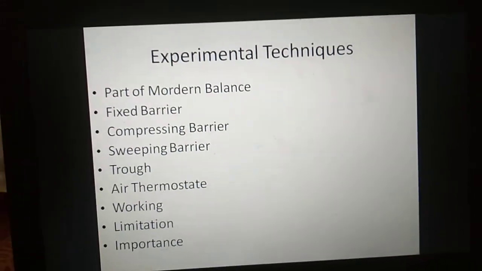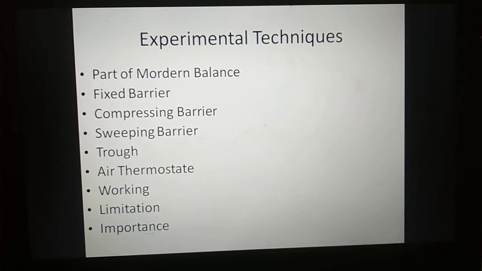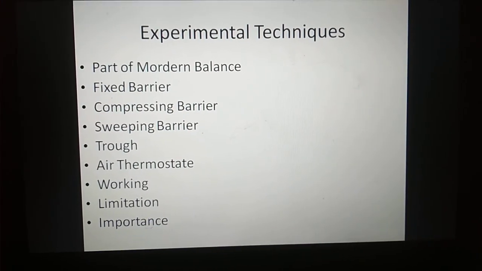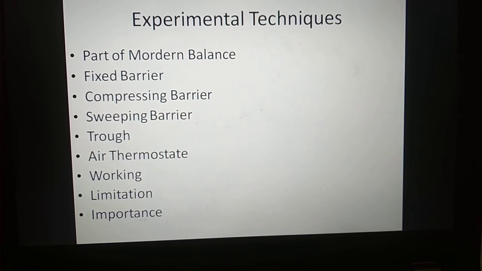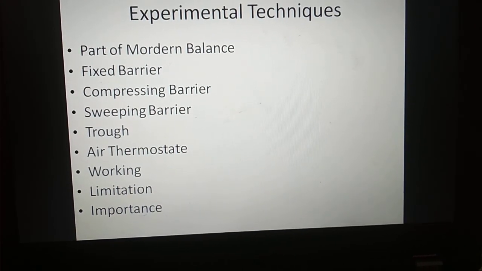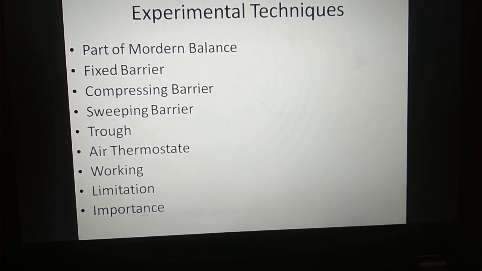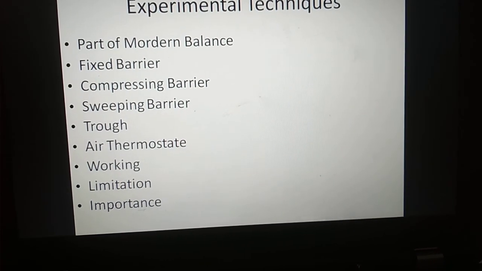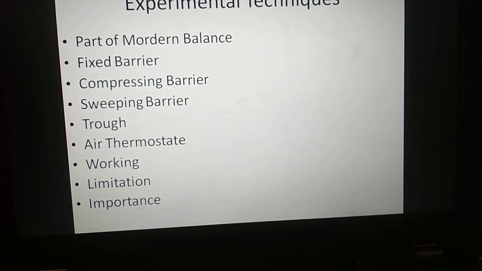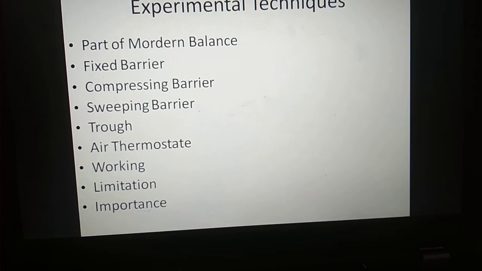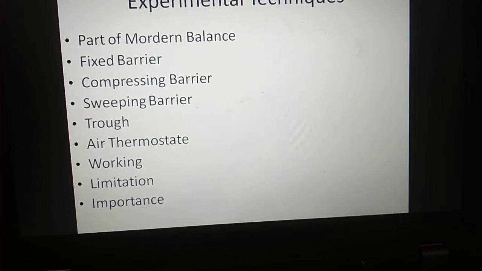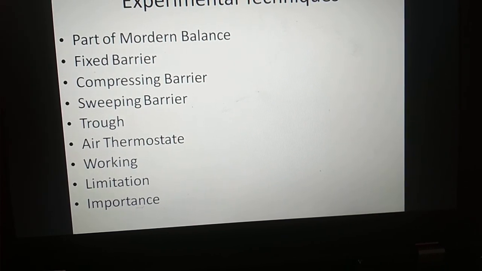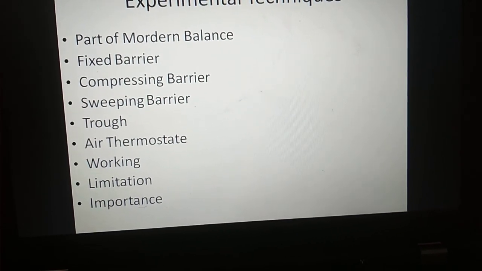One may measure surface pressure instead of γ by means of a modern film balance. The modern film balance has various parts. First is the fixed barrier. This is a strip of mica floating on the surface of water and suspended from a torsion wire.